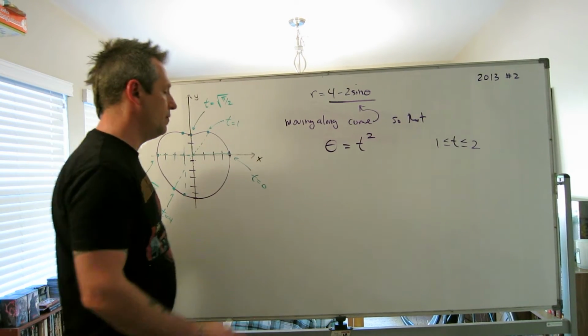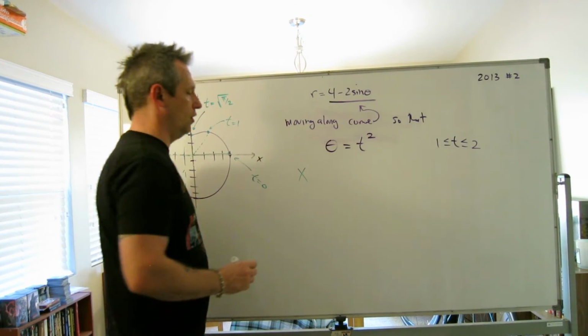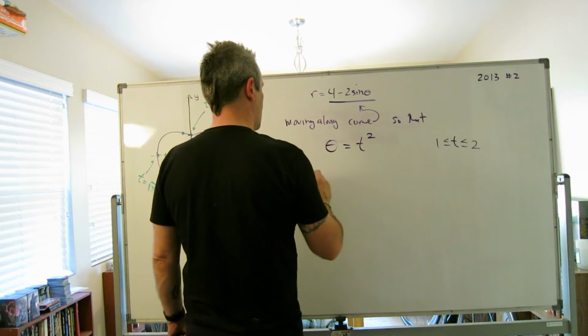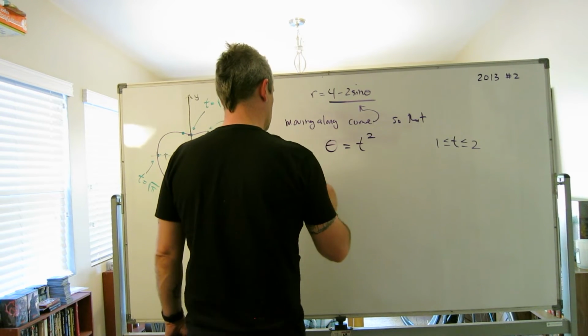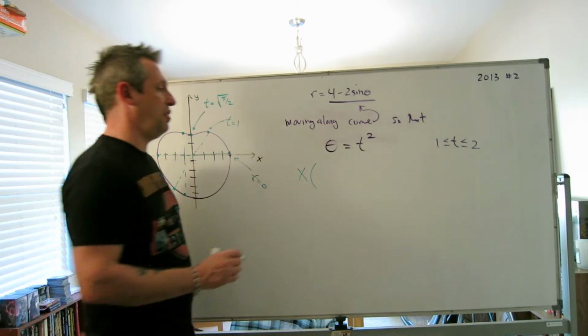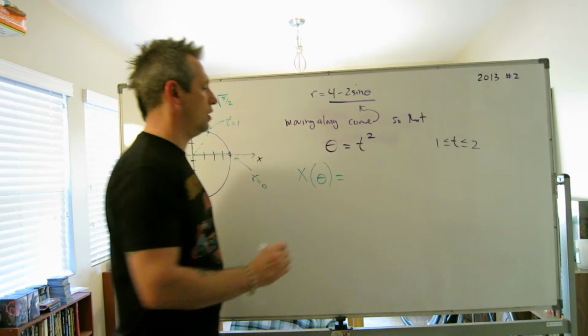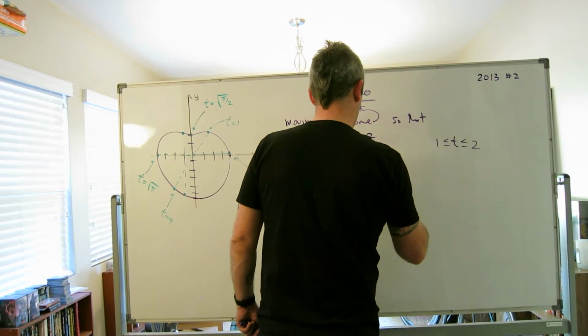Okay, well that's easy. The x-coordinate of the particle at any moment in time, well, the x-coordinate as a function of theta is equal to r cosine theta.